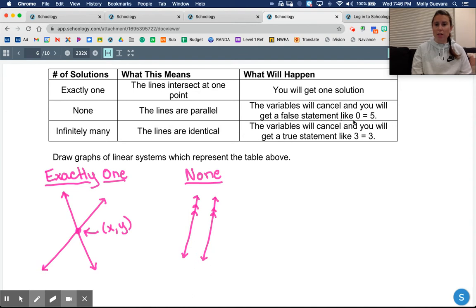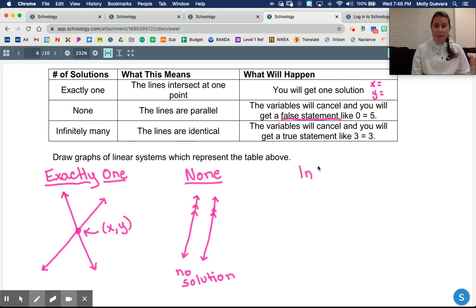You'll get a false statement like 0 equals 5 or something like that. So I guess here we can put x equals and y equals, right? You're going to get x and y's. Here you're going to get a false statement, something that is not true. 7 equals 12. Negative 4 equals 8. Whatever it is, if it's a false statement, that means that there's no solution. And if there's no solution, the lines are parallel.